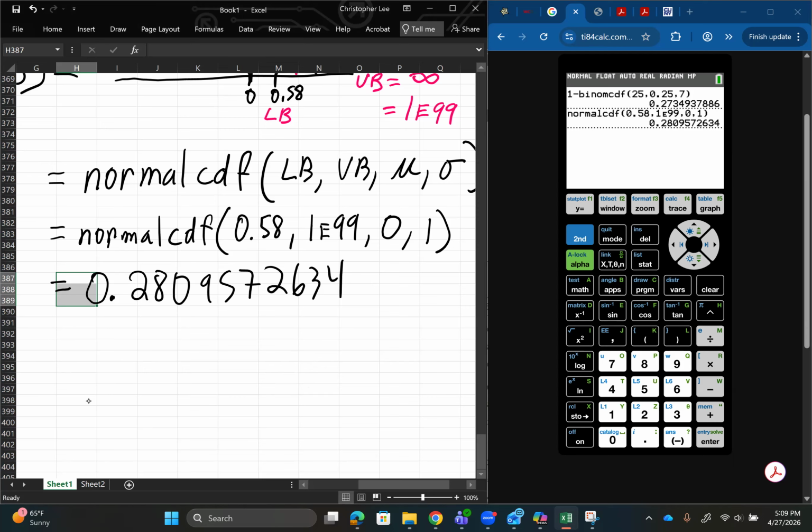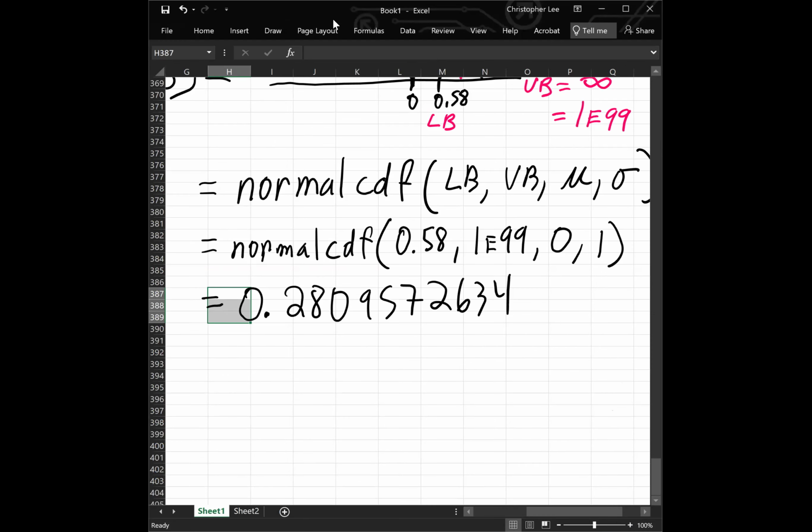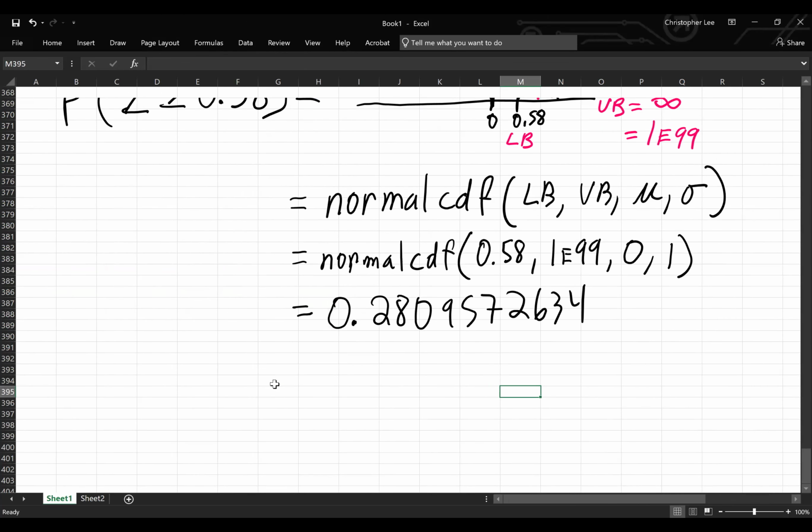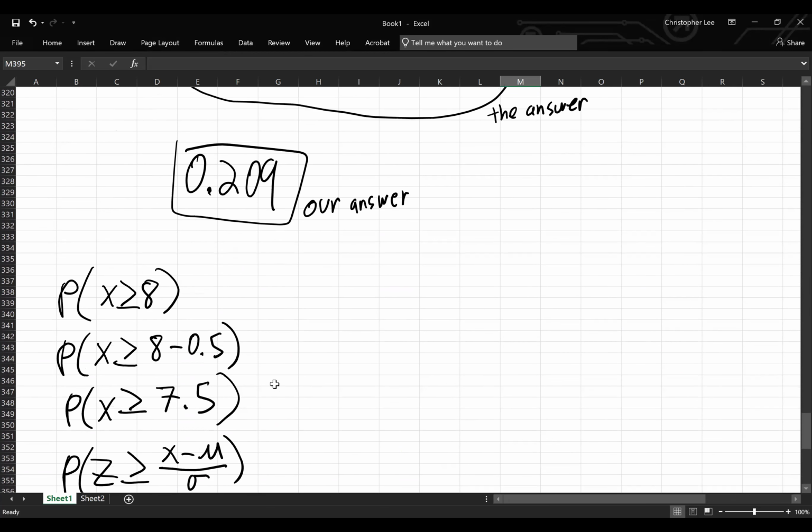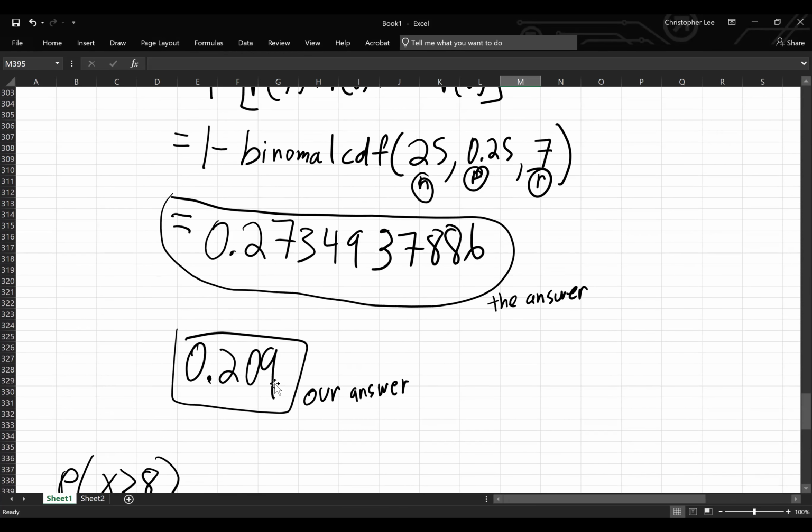Yeah. So now look, this answer that I got here, let's compare that to what the actual answer is. 0.273, right?